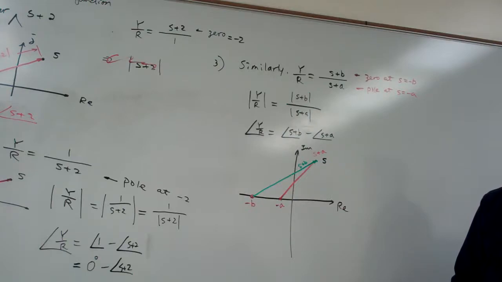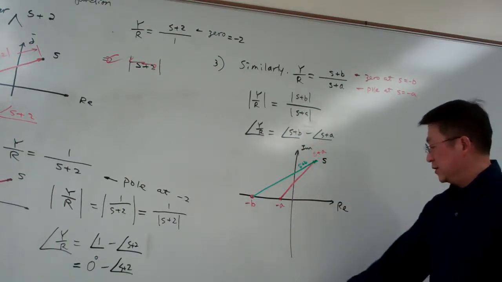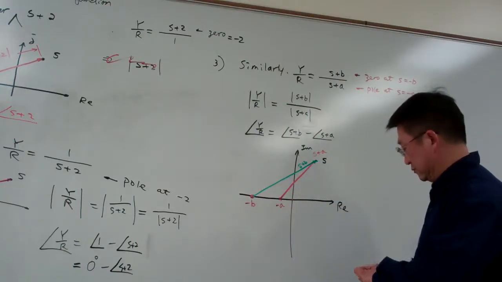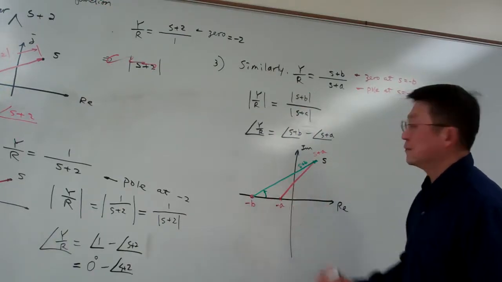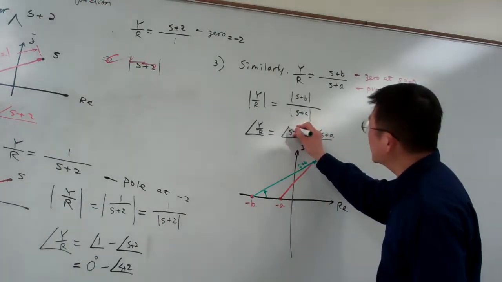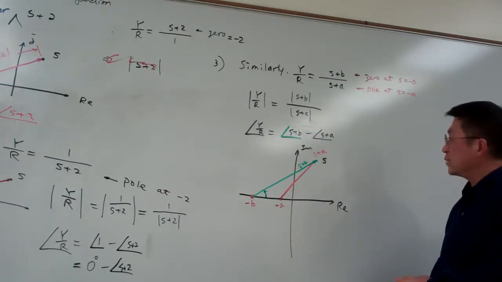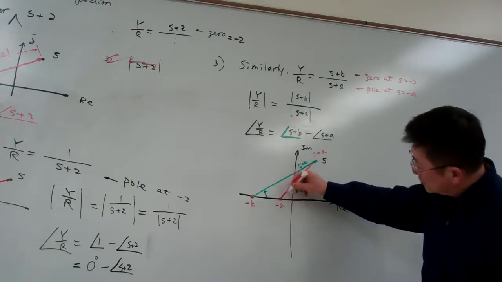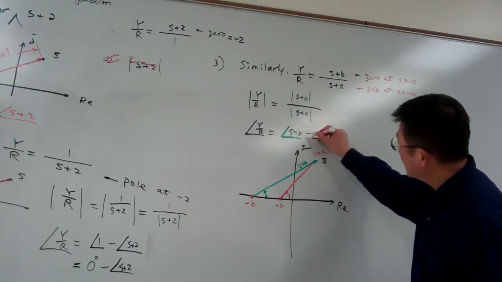Okay. And the angle: what is s plus b? S plus b is this angle here. So let me use color. Basically that corresponds to that color here. And s plus a is the angle corresponding to this. Right? So let me replace it with the color here.